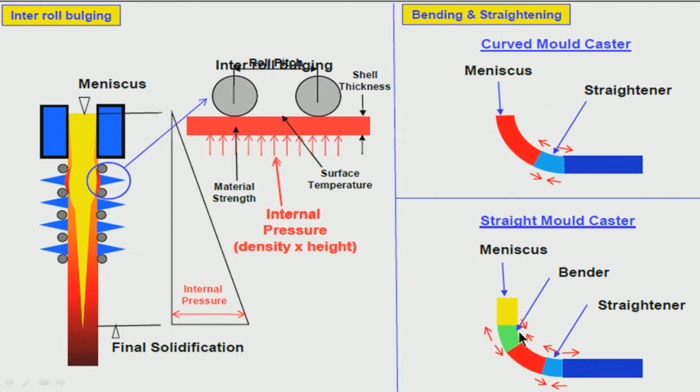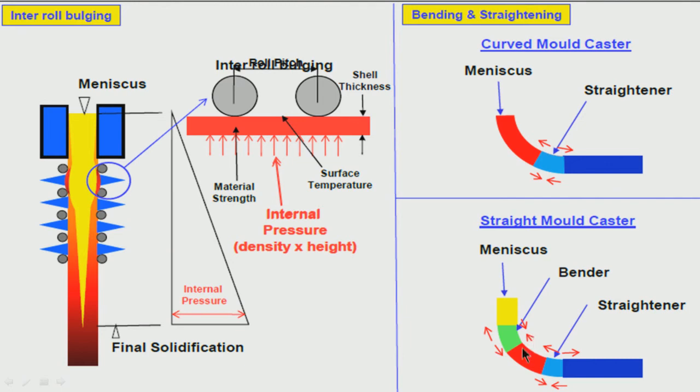You look at here. This is the inner radius. This portion is called inner radius. Yeah, this is the inner radius of the caster. The solid shell which has formed near the inner radius is subjected to some kind of stress. This is the direction of the stress.